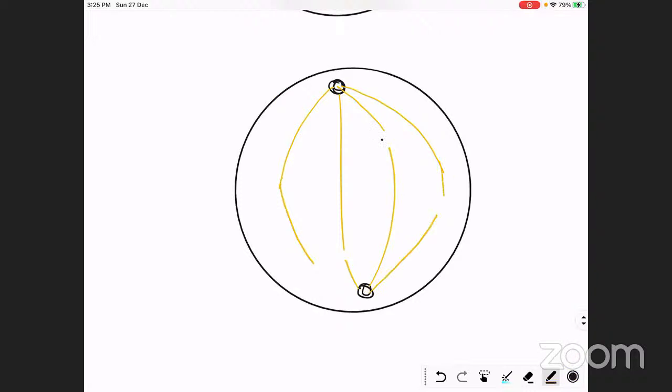They will contain chromosomes like this. Here we have the centromere and kinetochore. Remember these two things: centromere and kinetochore.